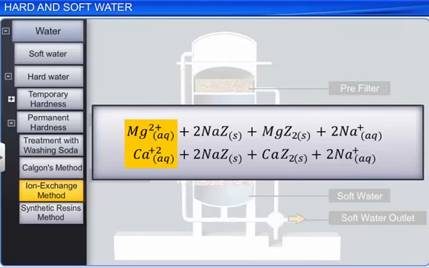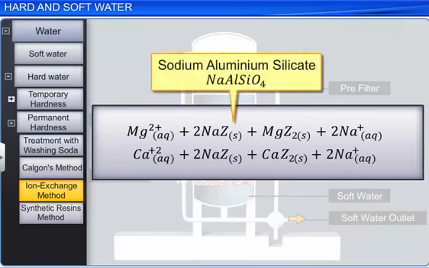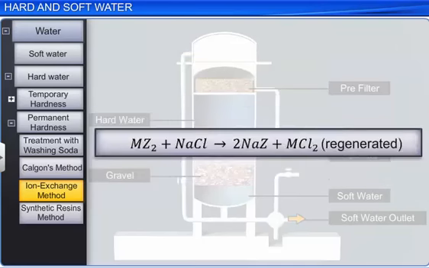For simplicity, sodium aluminium silicate NaAlSiO4 is written as NaZ. Once all the sodium in the zeolite is used up, it is regenerated for further use by treating with an aqueous sodium chloride solution.